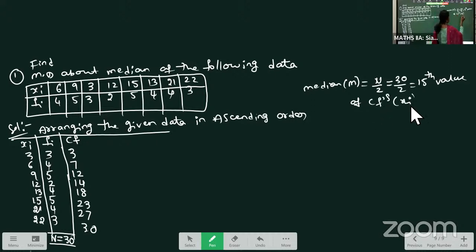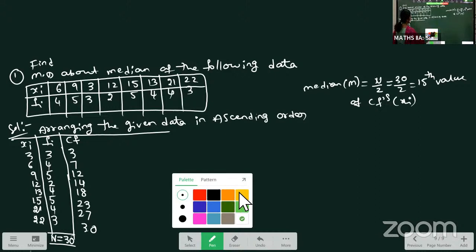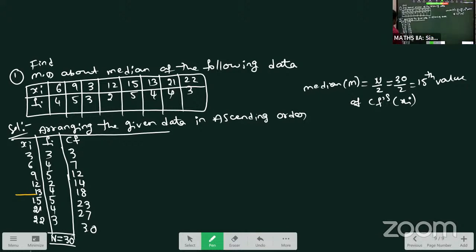This sentence you have to remember. N by 2 is 15. So identify 15 in cumulative frequency. So 12, 14. After 14, 15 comes, right? So draw the line like this. This is our n by 2 value.